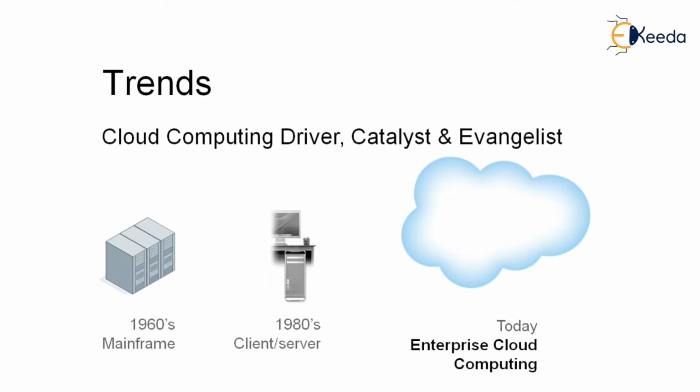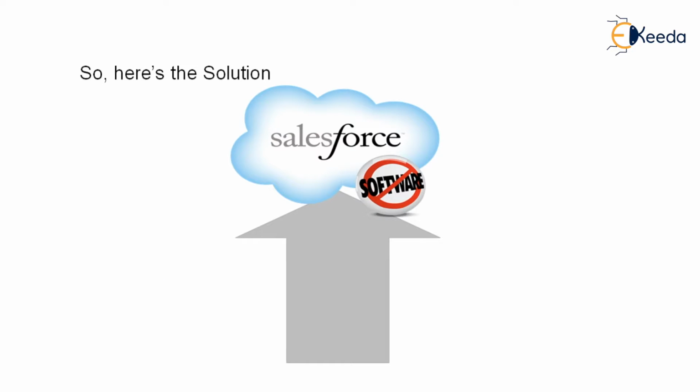What will be the good solution for that? The good solution comes in terms of today's enterprise cloud computing, where you will get a lot of aspects like multitasking, security, multiprocessing, a centralized database, 24 by 7 availability, integrity and consistency. On the basis of that, there is only one solution, that is called Salesforce.